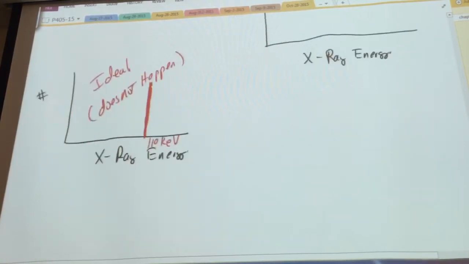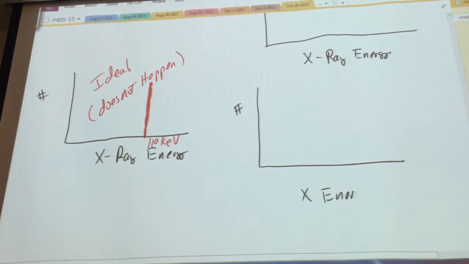What does happen when we do this little experiment? Number, kilo electron volts. Depending on how things go, we tend to get a distribution that looks something like that.